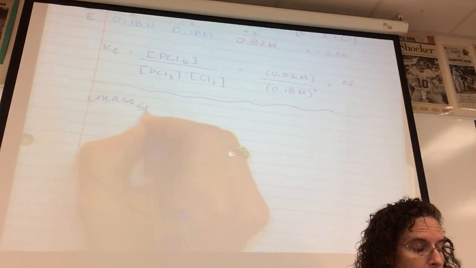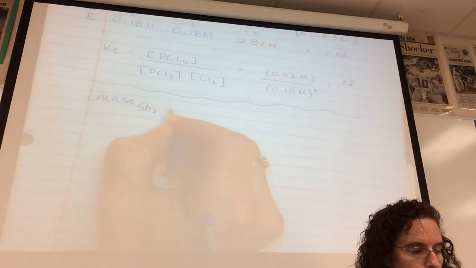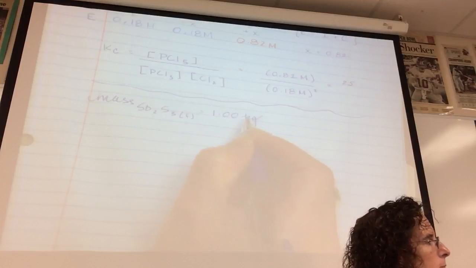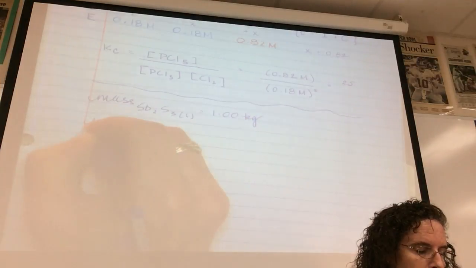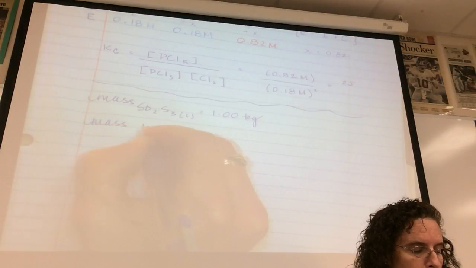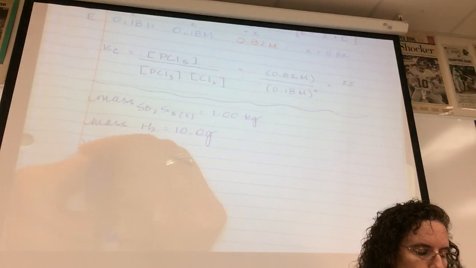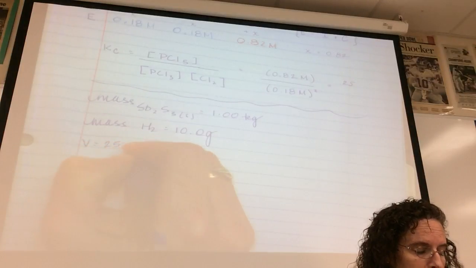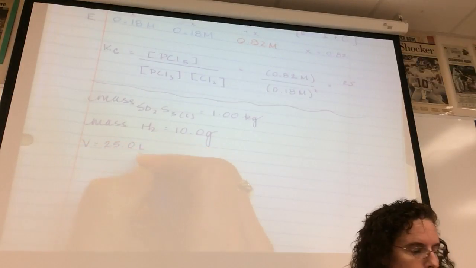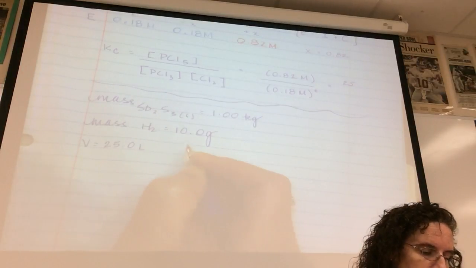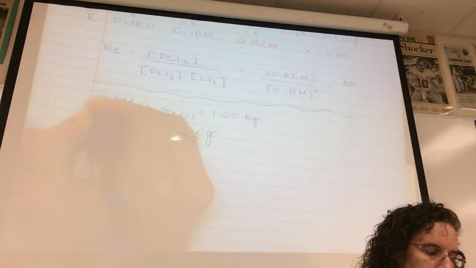All right. So the mass of that solid is 1 kilogram. The mass of hydrogen gas is 10 grams. The volume is 25 liters. Temperature given as well. So this is where you are initially.